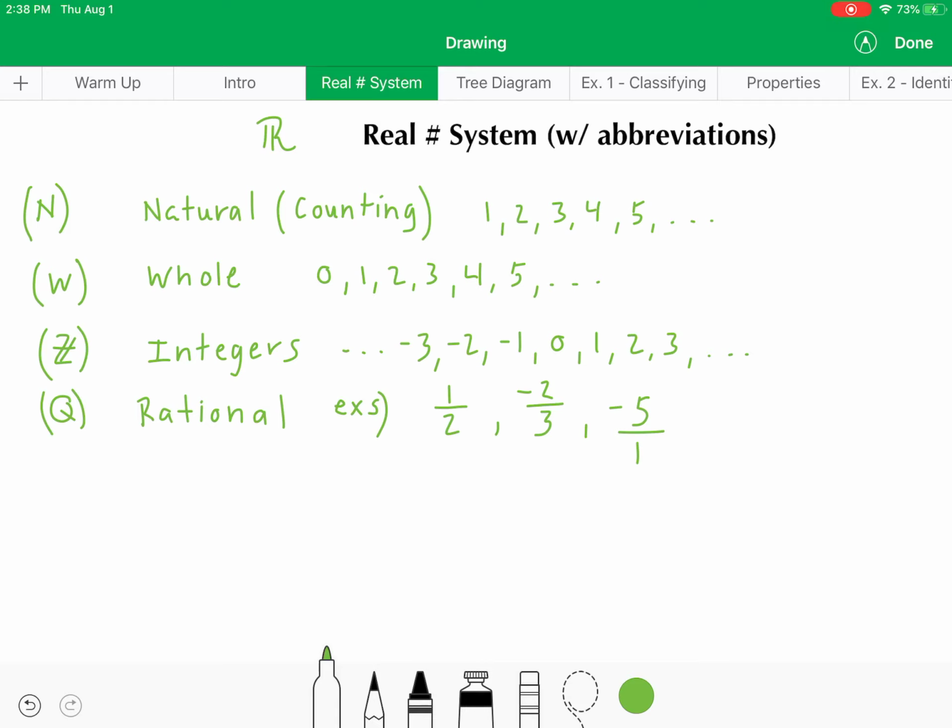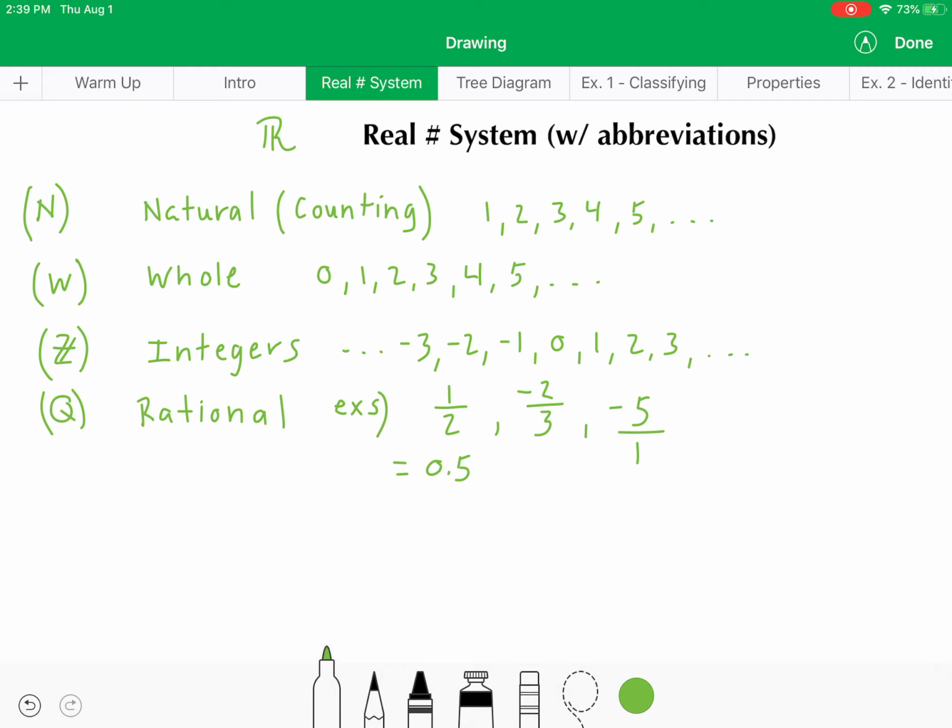Okay? Now, there's an alternative way of looking at rational numbers from a decimal perspective. So let's take some of the numbers that are already here. 1/2, we know in decimal form, is 0.5, or 5/10. That's a terminating decimal.